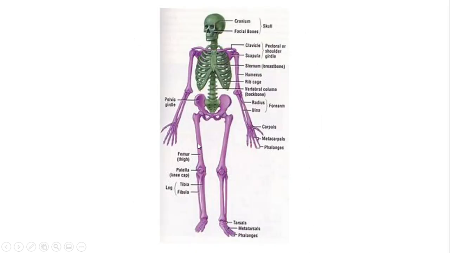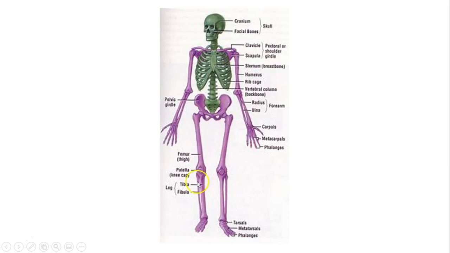This is just showing you your axial skeleton in green and your appendicular skeleton in purple. You should know these bones by now: humerus, ulna, radius, your coxal bones, which are composed of your ilium, your pubic bone, and your ischium.